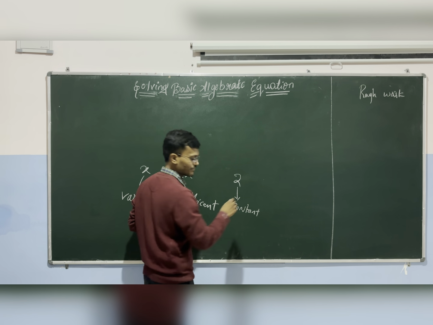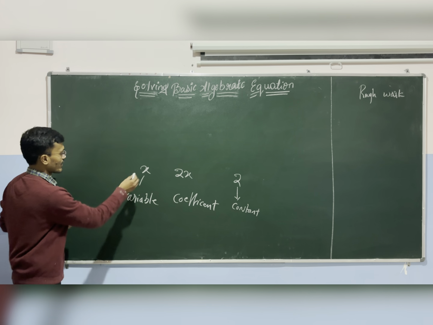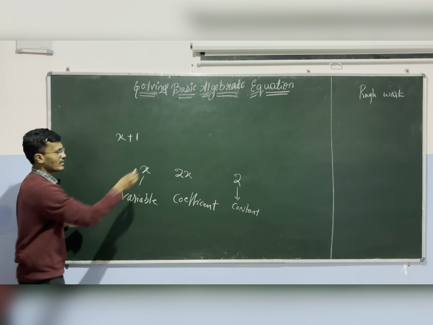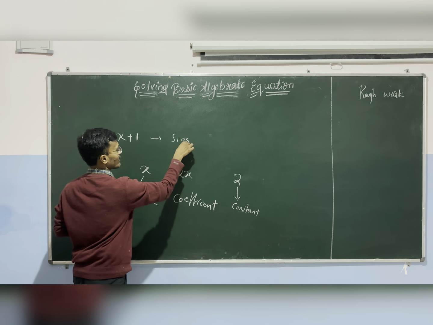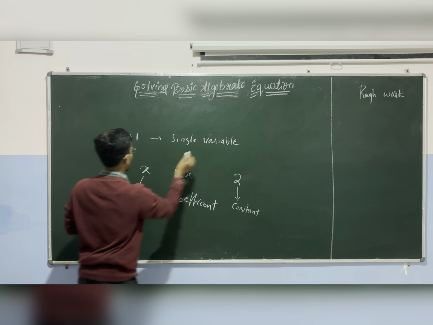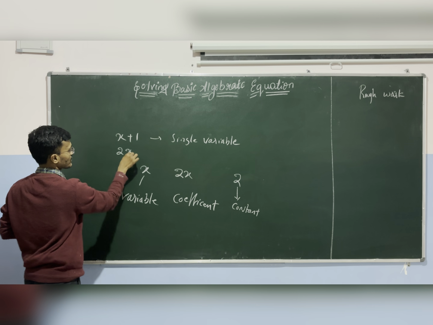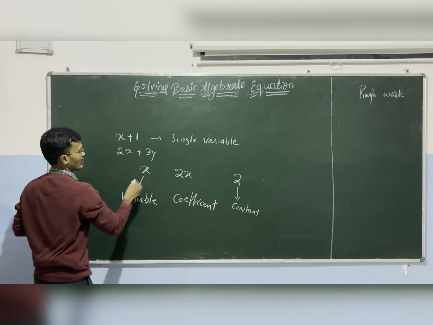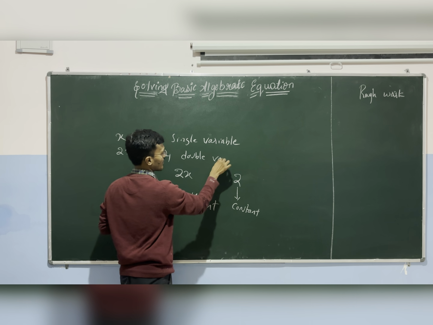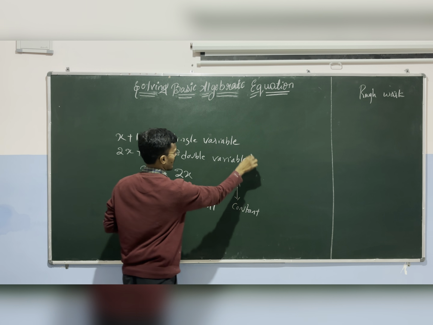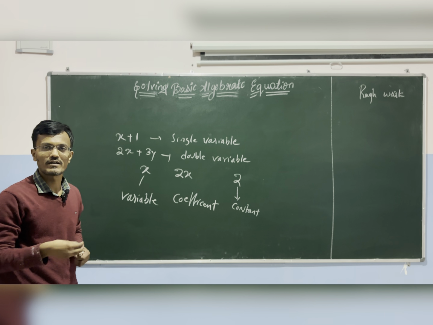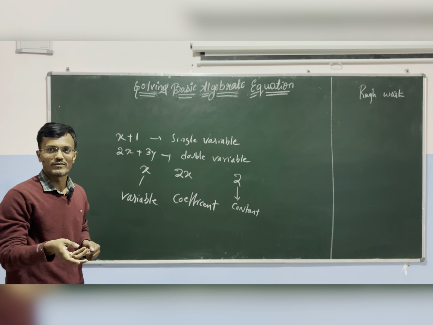If I write x plus 1, we will call it a single variable. And if I write 2x plus 3y, we will call it a double variable. Like that, we will be solving many problems from next onwards.